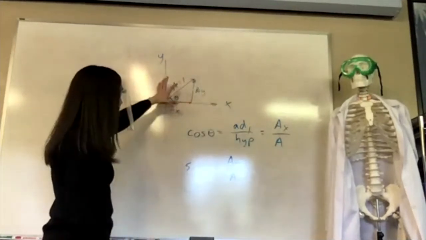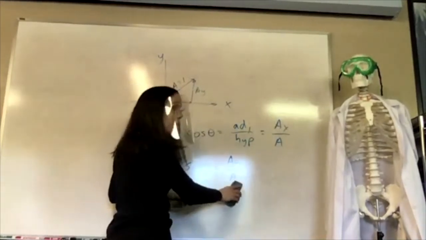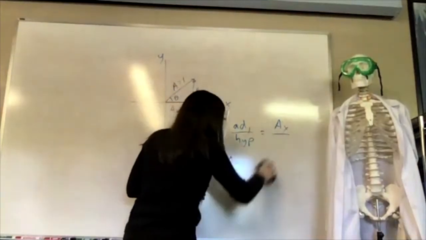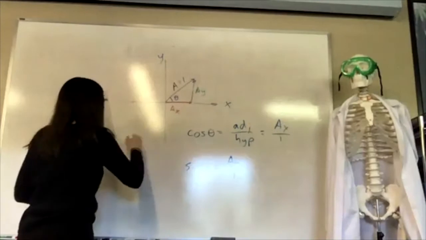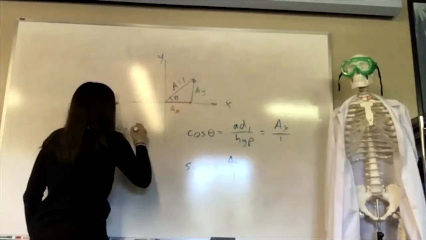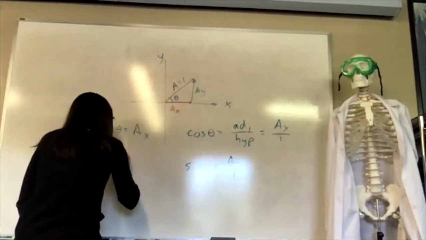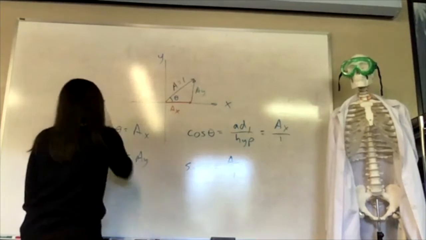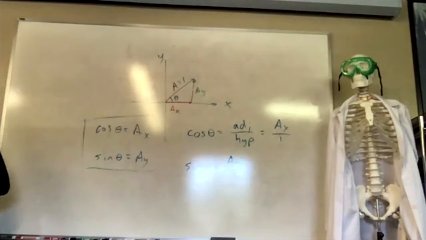So if we make this a convenient value, 1 in this case, what happens here? We get cosine of theta equals A of x, and sine of theta equals A of y. And so that's why that's true.